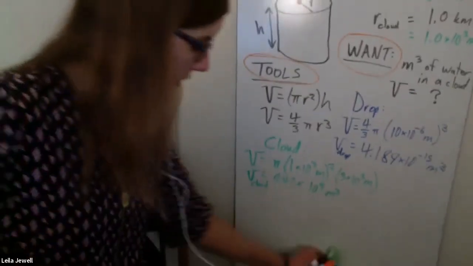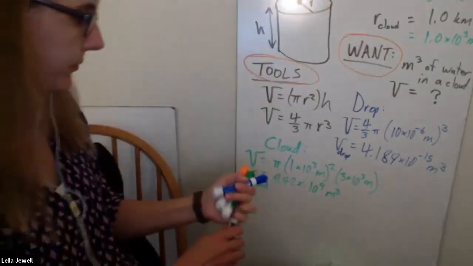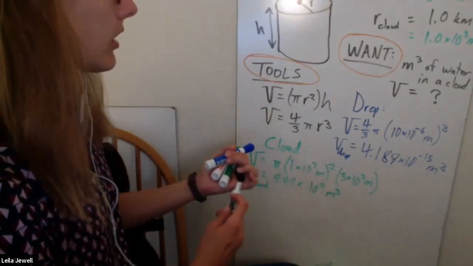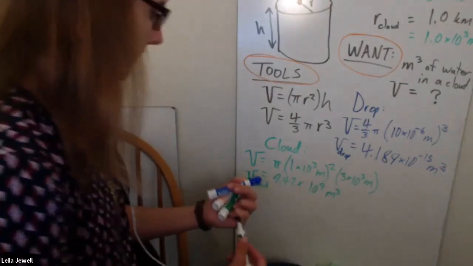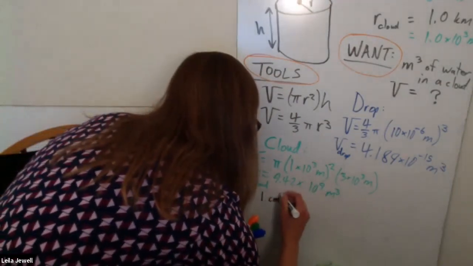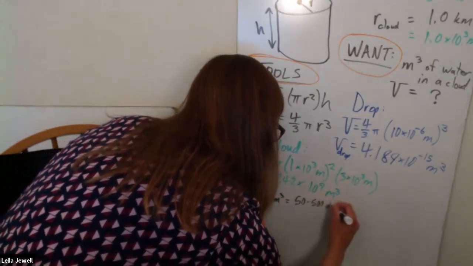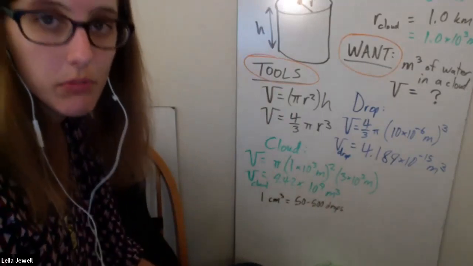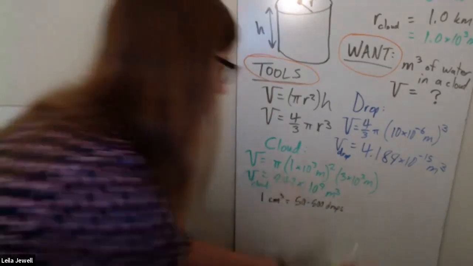We could write this conversion factor as, if we divide both sides by cubic centimeters, well, I'll just write it out to start. So we have 1 cubic centimeter is equal to 50 to 500 drops. Or 50 to 500 drops is equal to 1 cubic centimeter. But I want to convert this 1 cubic centimeter into cubic meters.